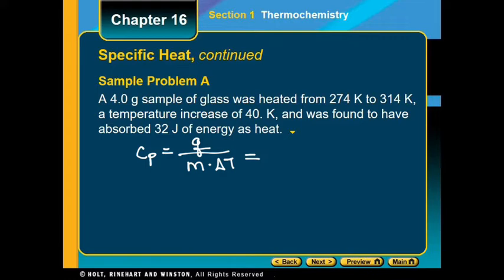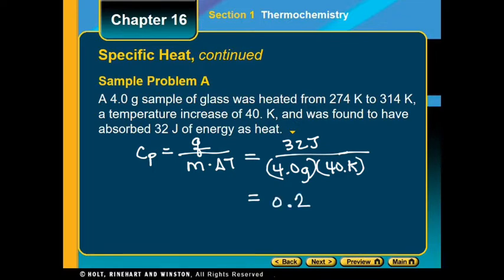Q is the energy transferred, and they give us Q as being 32 joules in this example. Change in temperature, we could put in there 314 minus 274, but they've already calculated that as 40 Kelvin. And we are ready to solve. Your final answer would be 0.2 joules per gram Kelvin. So that answers part A.